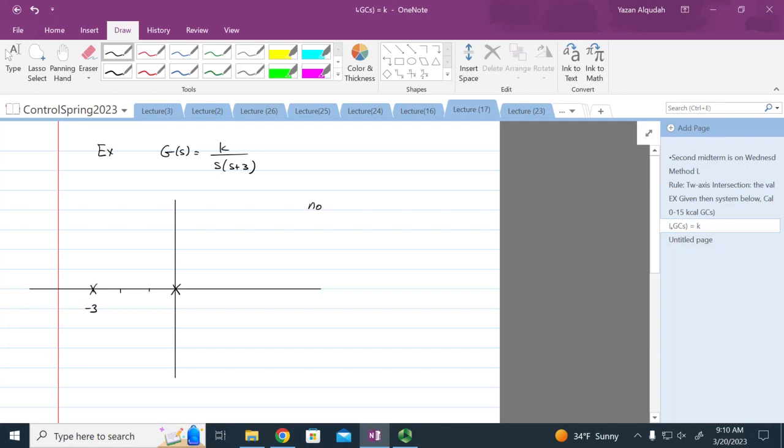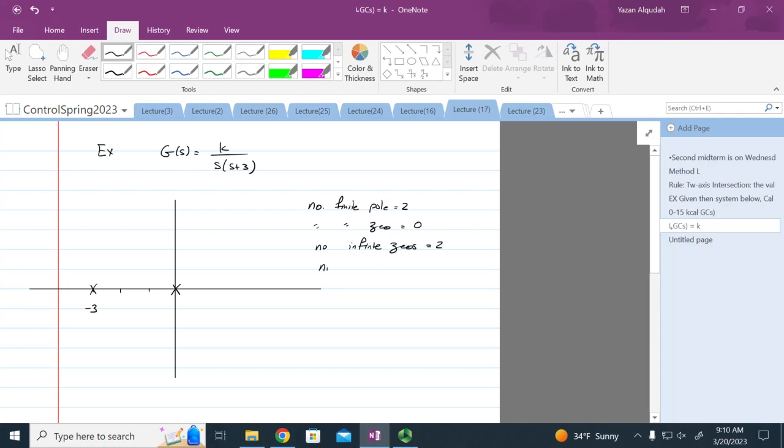Again, number of finite poles equal to 2, number of finite zeros equal to 0, number of infinite zeros equal to 2.